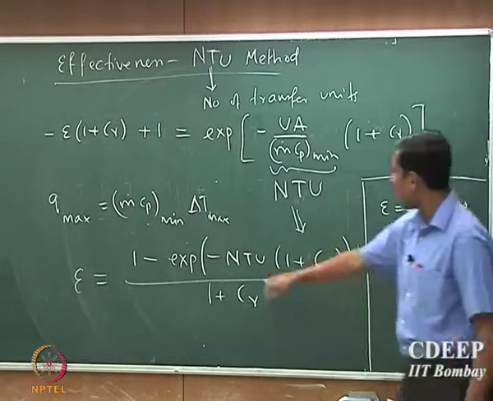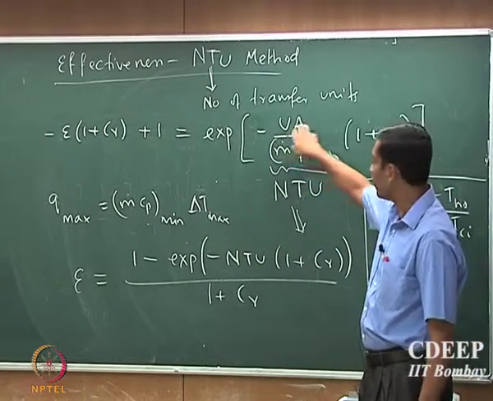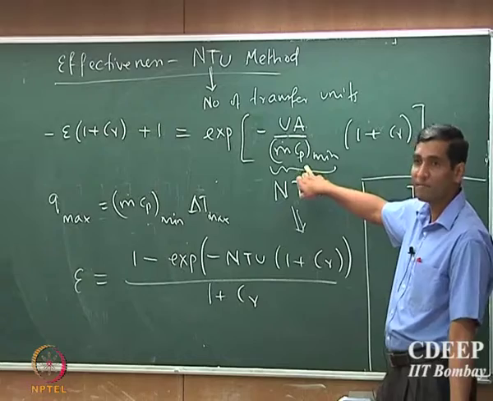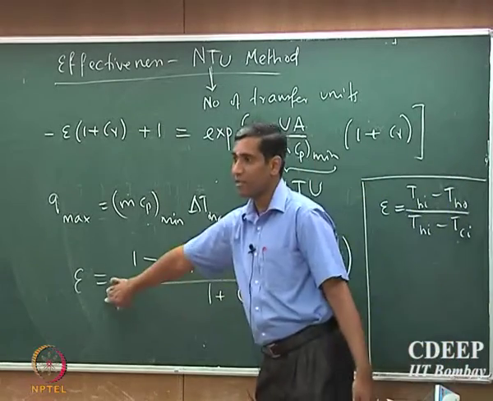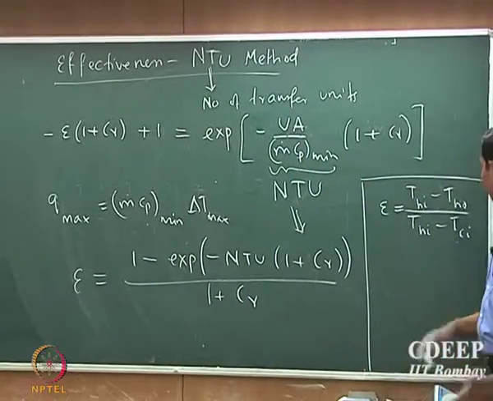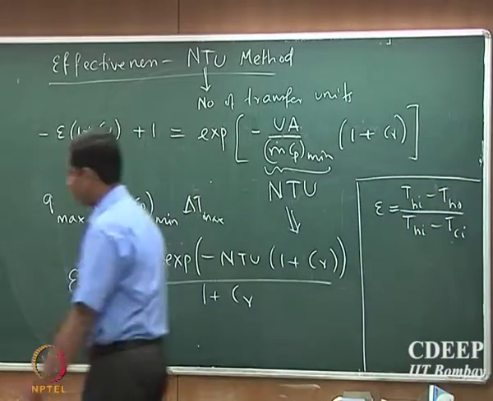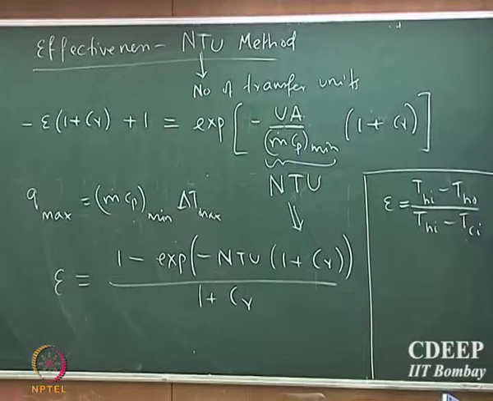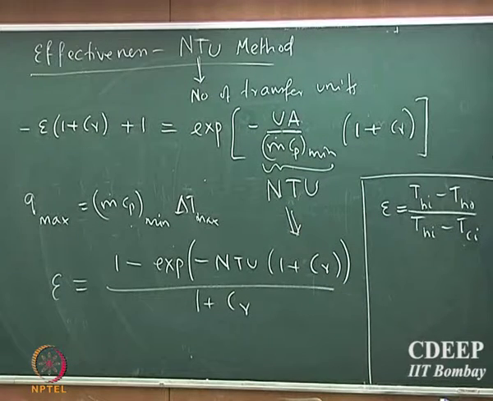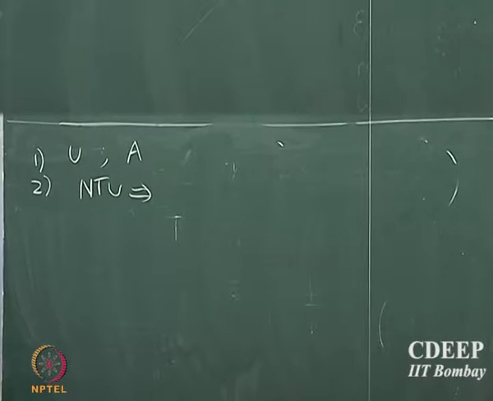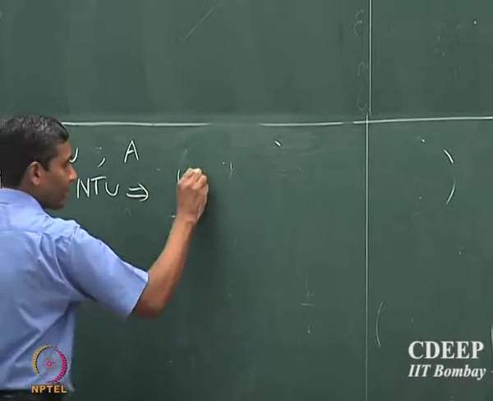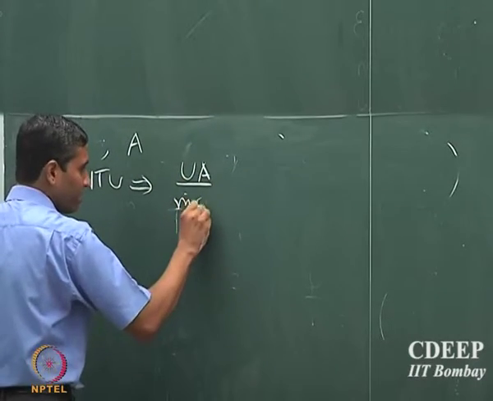So if I know NTU, which is simply dependent on UA and m dot Cp min, I can find epsilon, and if I know epsilon, I can find Tho. So the sequence of calculations would be, first I find U, and second I find NTU. Suppose I know the area of heat transport already, so I can find UA by m dot Cp min.